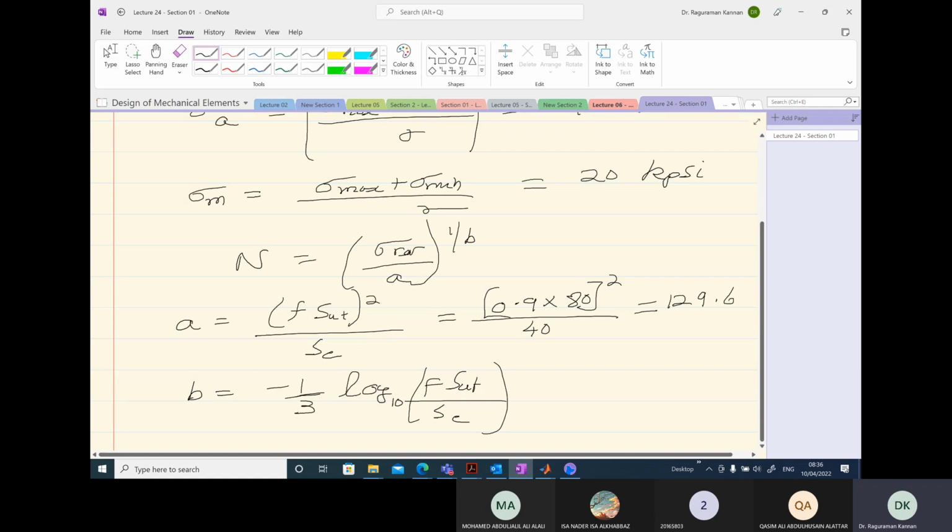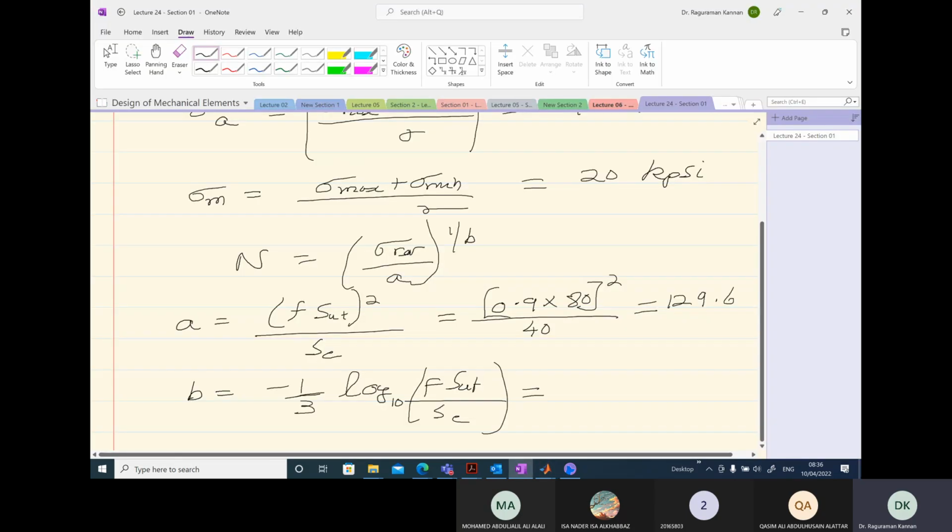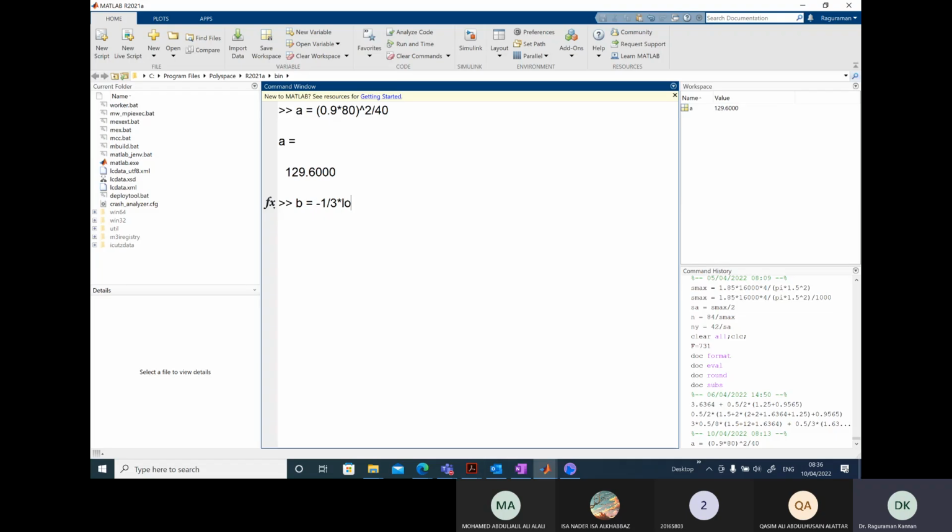Then the other one, b, is equal to minus 1 over 3 times log base 10. I think base 10 it should be.